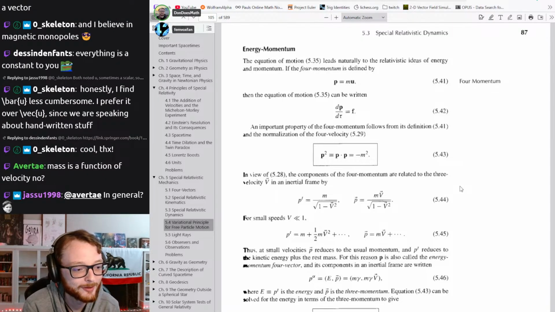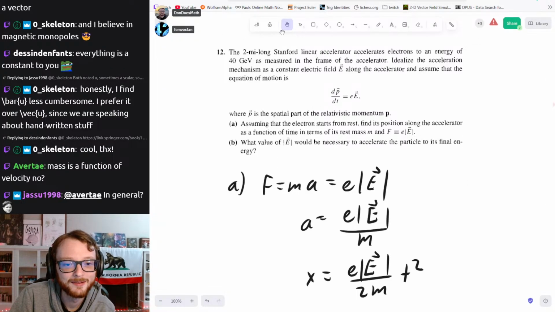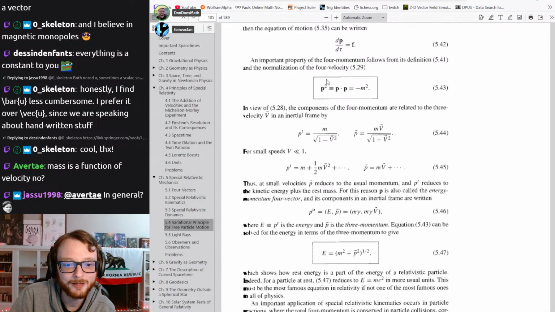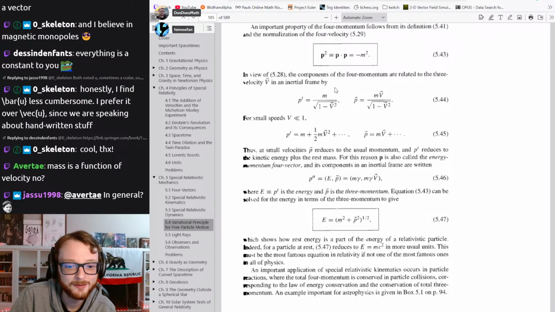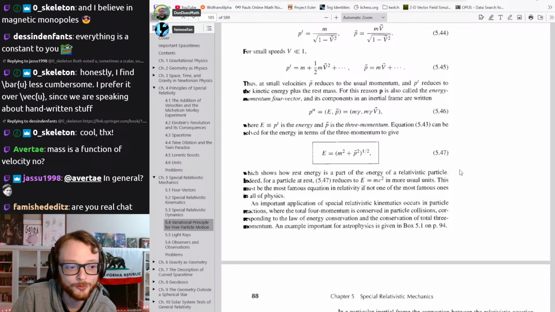I have no clue, to be honest. Because they only give us the 3 vector. The 3 vector is the same though. For the 4 vector, the space components are just the 3 vector.